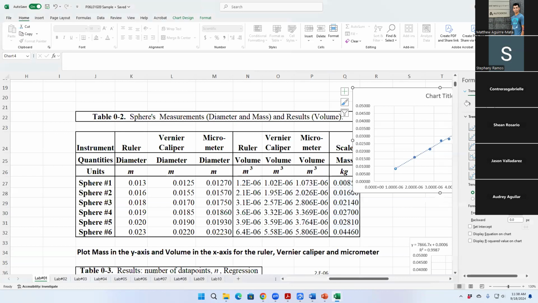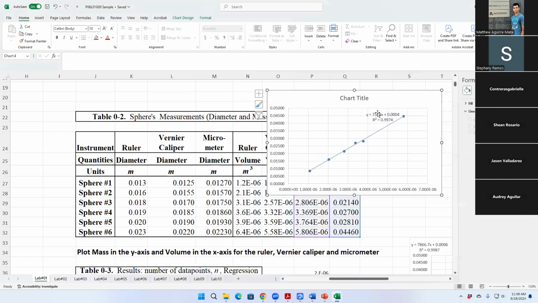This pane is going to show up on the right side. Linear should be selected. Then you display equation on chart and display R squared value on chart. After I did all of that, the equation went back to its position on the graph.